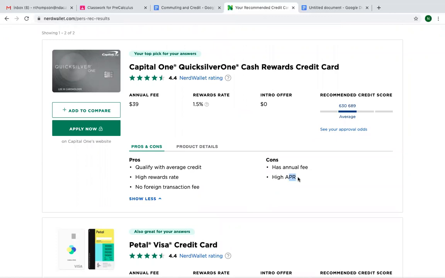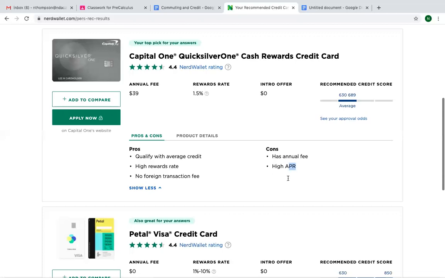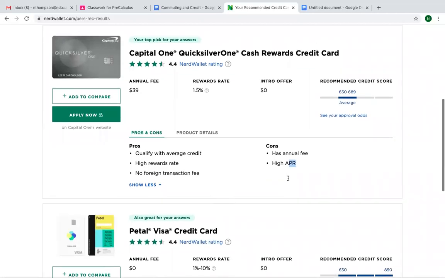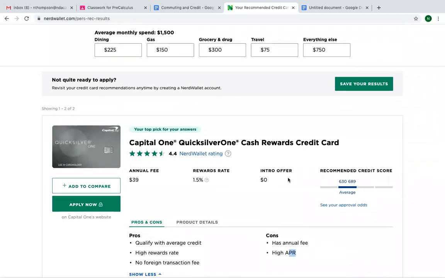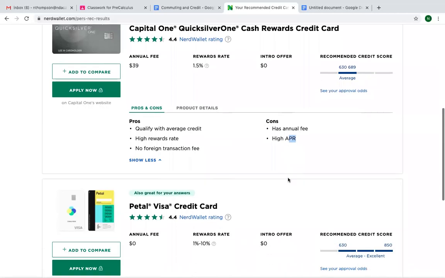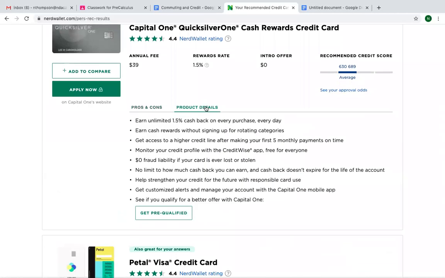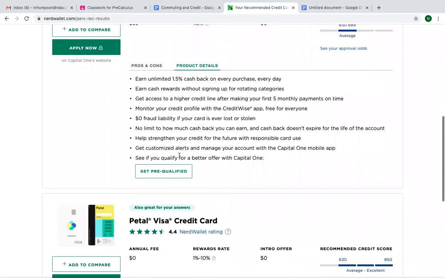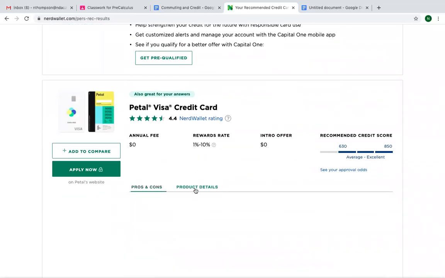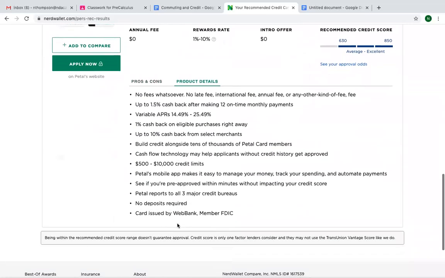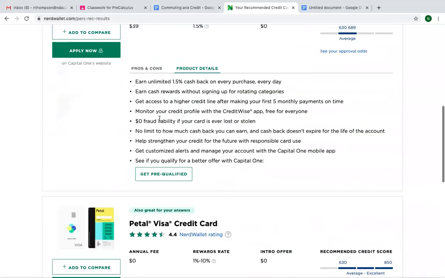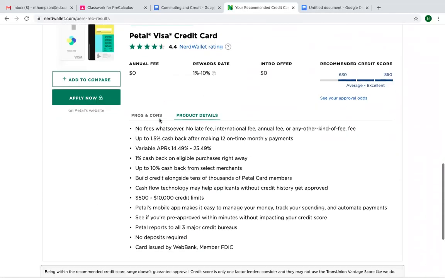Hopefully after reading those 2 articles, you'll know a little bit more about what APR is. But you can look at product details to read a little bit more about the card and see which one works best for you.